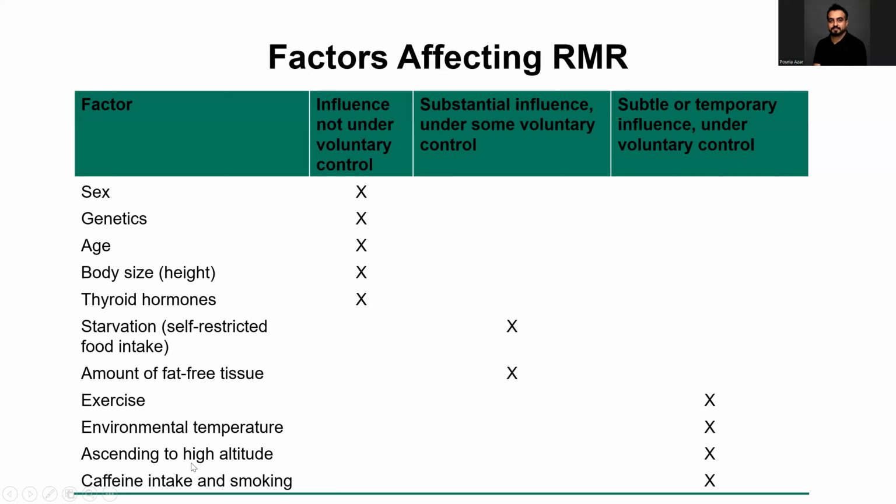We can avoid ascending to high altitude, or if we want to do some mountain climbing, we can control this. Or caffeine intake and smoking, we have full control on these factors.